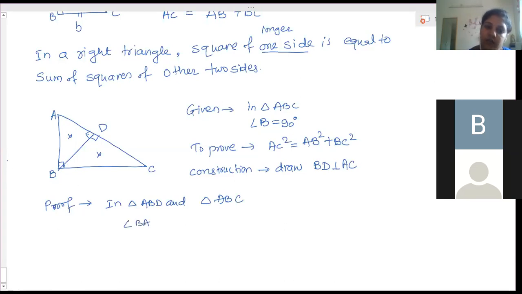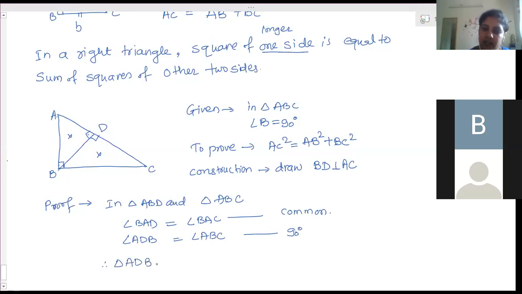So angle BAD is equal to angle BAC, that is a common angle. One angle is common, and angle ADB from triangle ABD is 90, and from the larger triangle ABC it is also 90 degrees. So therefore triangle ADB, write the proper similarity, is similar to triangle. A is common, so A comes in place of A. B of the small triangle is equal to B of the larger triangle, and then the left out term is C. These two triangles are similar by AA similarity.